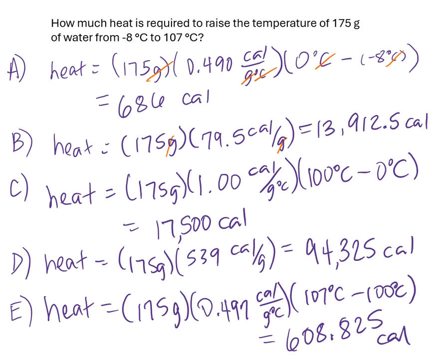And so what this value tells you is that based on 175 grams of water, it's going to take 608.825 calories in order to raise the temperature of water in the gas phase up to 107. So now you have the energy associated with each phase from our heating curve.